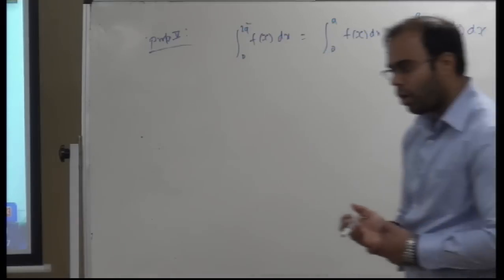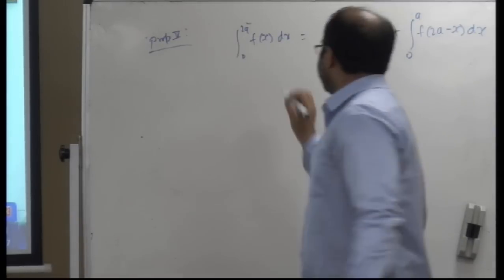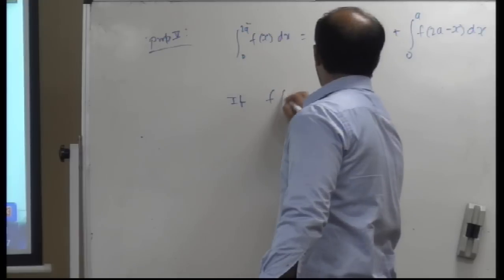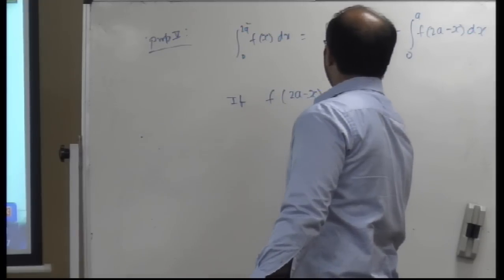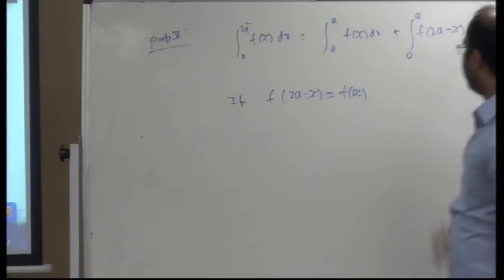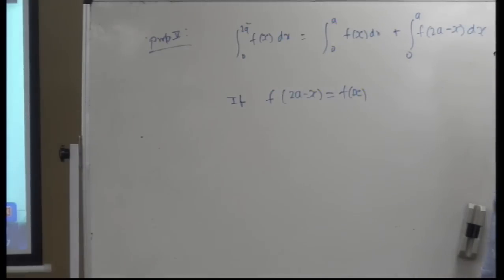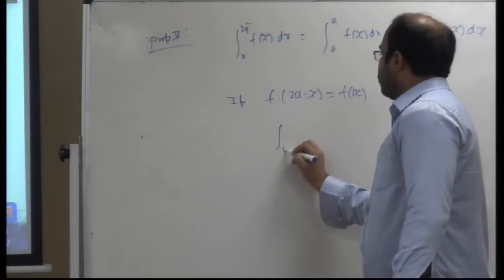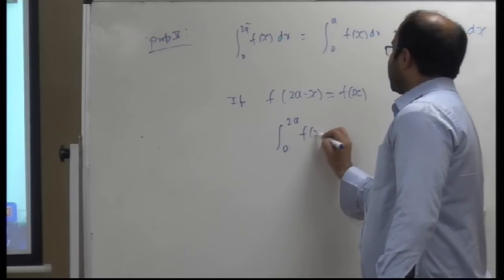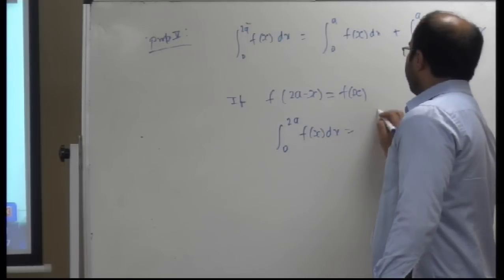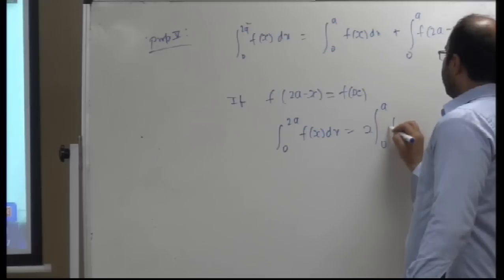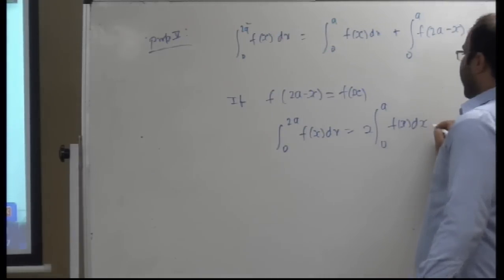And there is a corollary to this property as well. If f(2a minus x) is equal to f(x) in this interval 0 to a, then you can say that the integral from 0 to 2a of f(x) dx is actually 2 times the integral from 0 to a of f(x) dx.